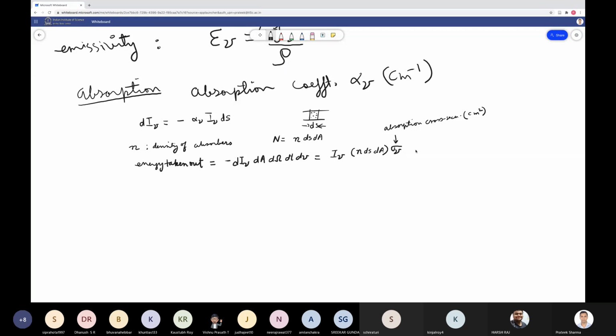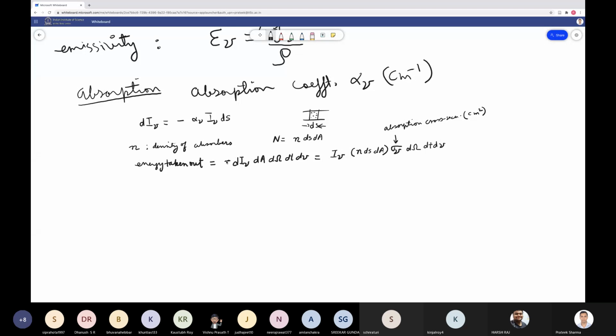It's an area, times d omega dt d nu. Right, so this is the energy taken out. So this is the expression in terms of the absorber properties, like cross-section.